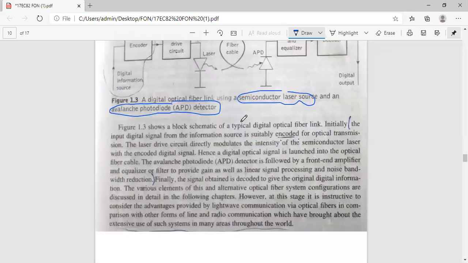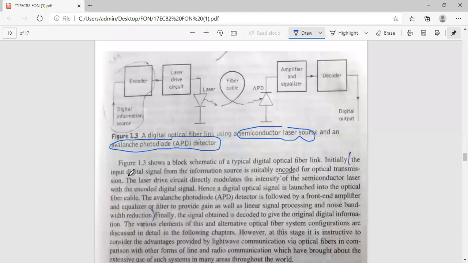This is one example of OFC given, wherein the input in digital form, the information, is encoded. I think you have already studied in ITC, information theory and coding, how this information is coded, entropy and those things, how the encoding process is done. That part is done here.